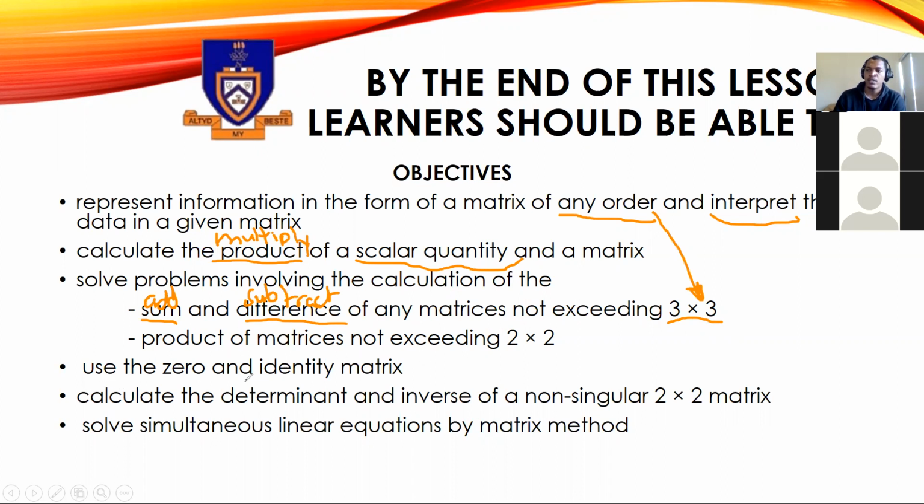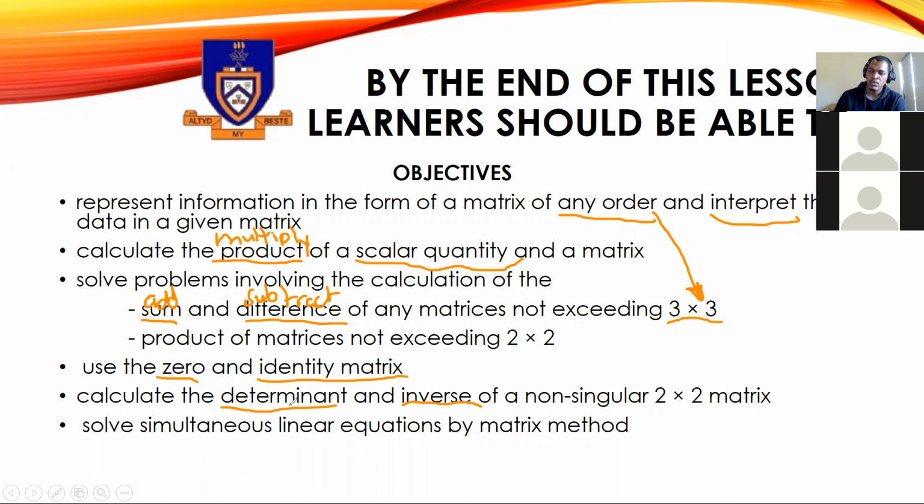And then the use of a zero and identity matrix. These are also very key terms that we will be looking at. Calculate the determinant and inverse of a non-singular 2 by 2 matrix. That is also very important. You will see that this determinant and inverse, let's first look at the determinant.